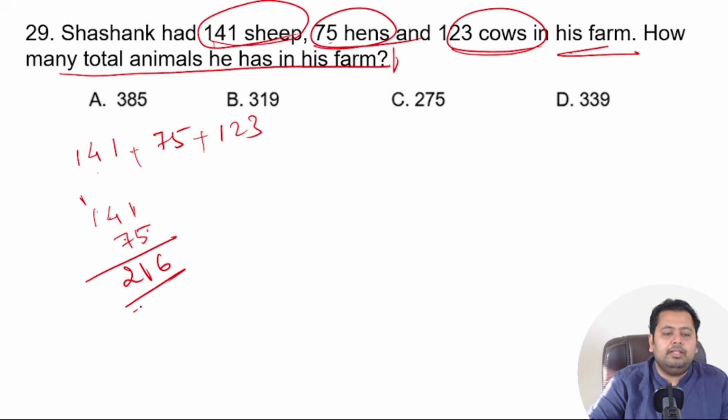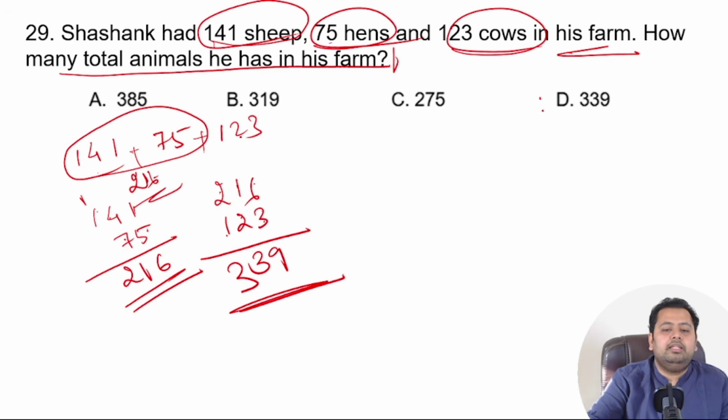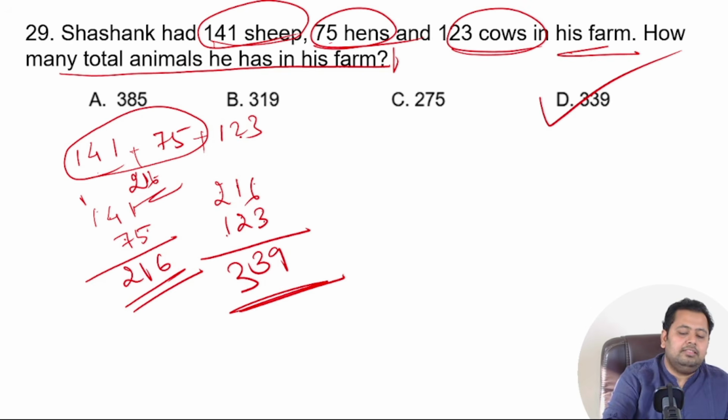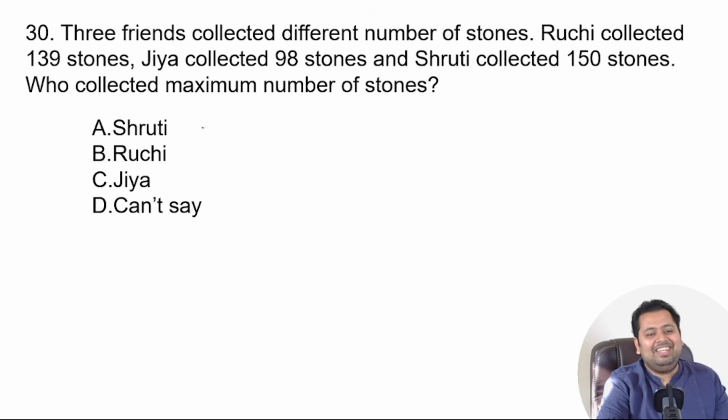This becomes 216. Now to 216, you have to add 123. 6 plus 3 is 9. 2 plus 1 is 3. 2 plus 1 is 3. So 339. Option D is your correct answer. If you got it right, give yourself a star, and we move to question number 30.